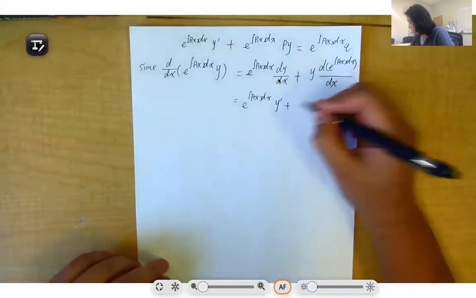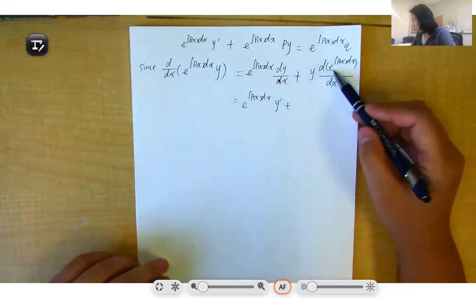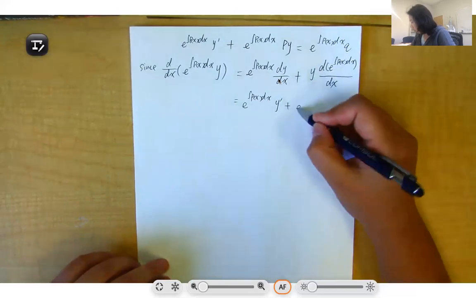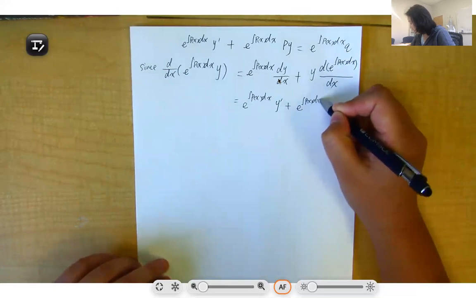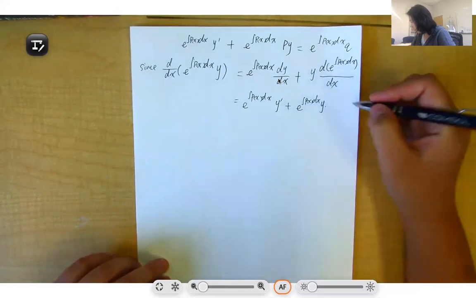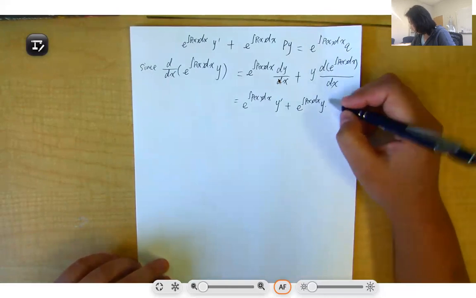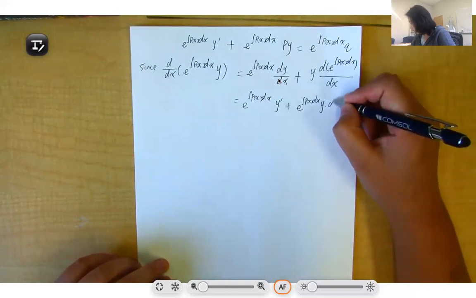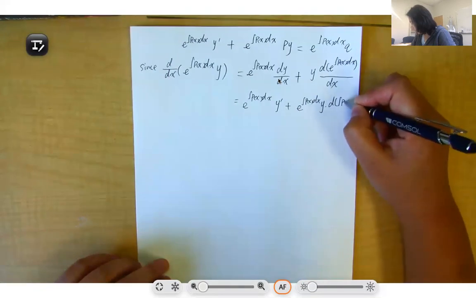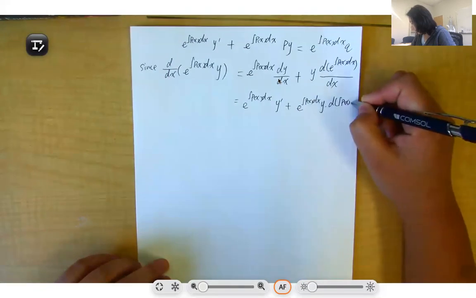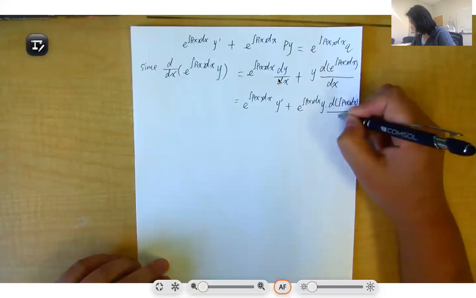And plus the derivative of the exponential part, which will be e to the integral of p dx, y times the derivative of the integral of p dx over dx.